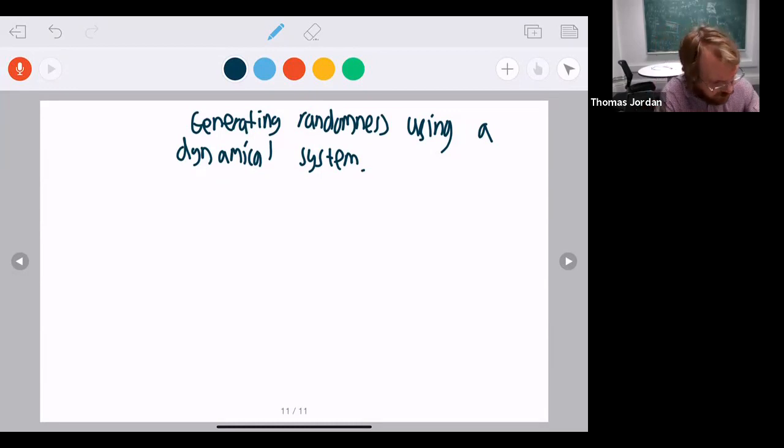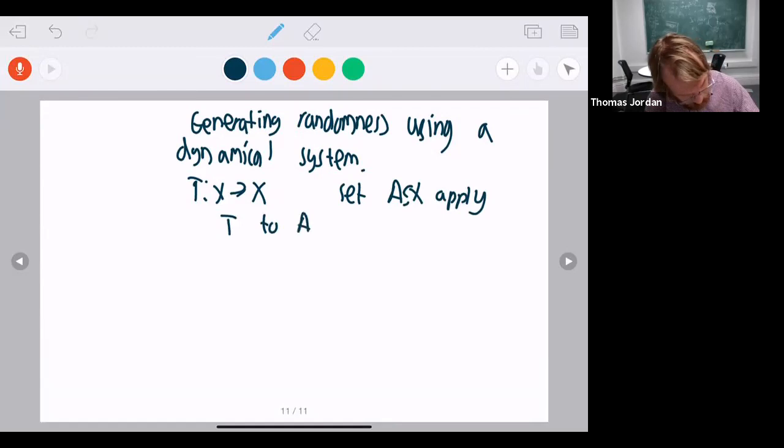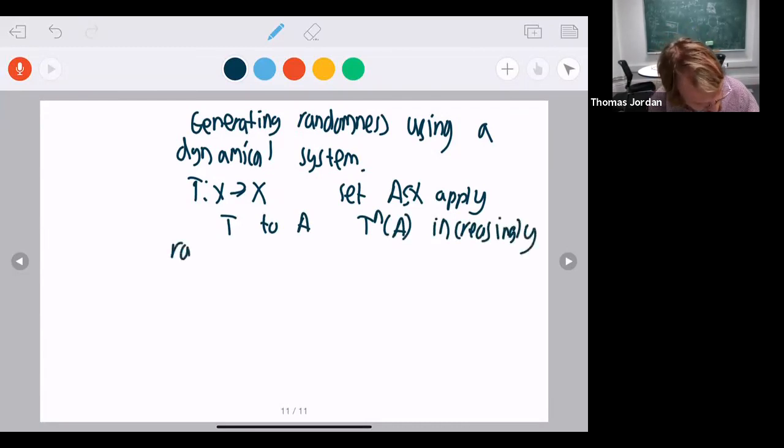What we'd really want is, so here we've got a dynamical system, back to a general one, so T from X to X. So what you want is a set A, some starting set A, which contains an x, and apply T to A. And then what we want is that T^n of A becomes increasingly random, whatever that means.